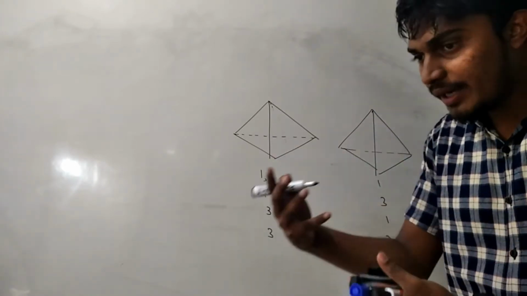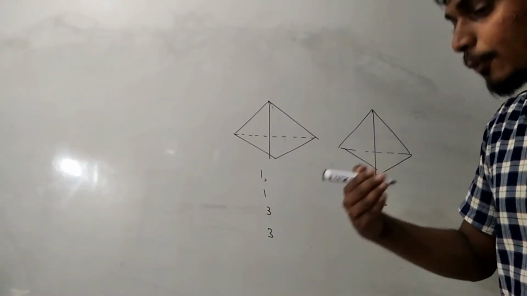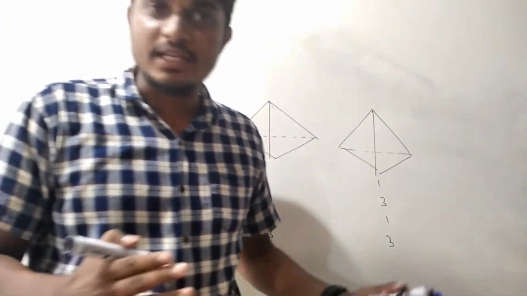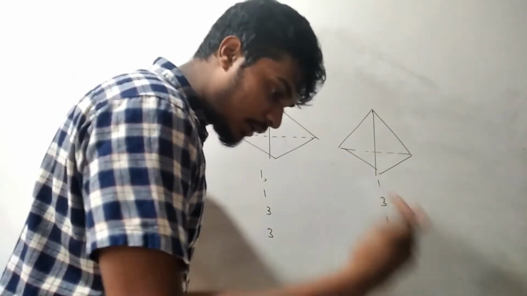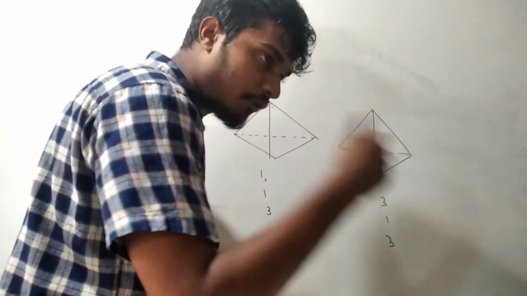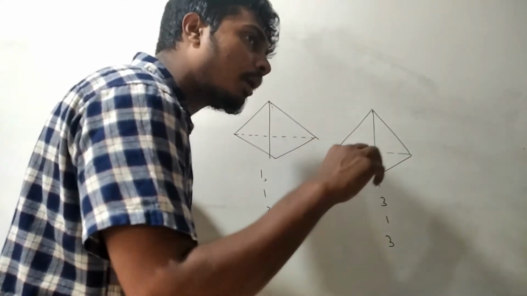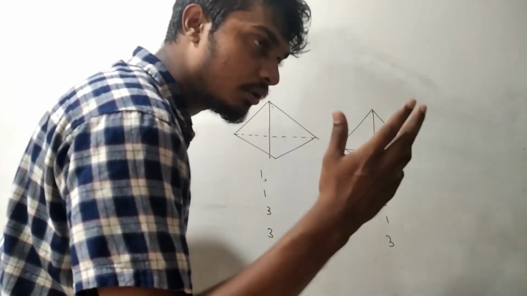So how many possible outcomes are there? The number of total possible outcomes is called the sample space. The sample space is going to be 1,1, 1,2, 1,3, 1,4, and then 2,1, 2,2, 2,3 and 2,4. Then 3,1, 3,2, 3,3 and 3,4.